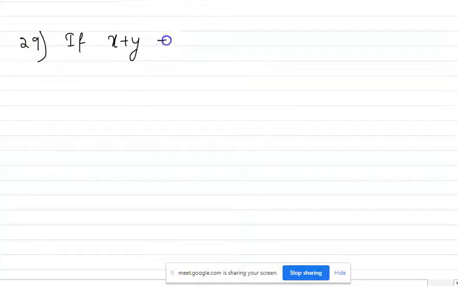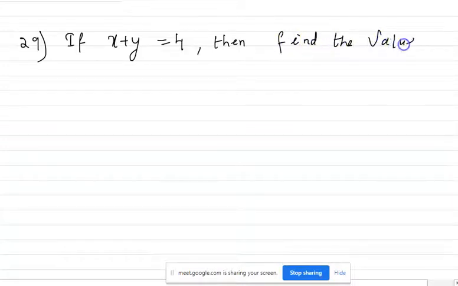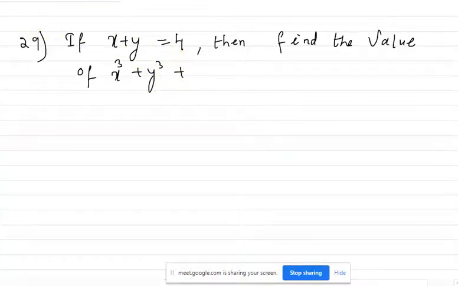If x plus y is equal to 4, then find the value of x cube plus y cube plus 12xy minus 64, okay.